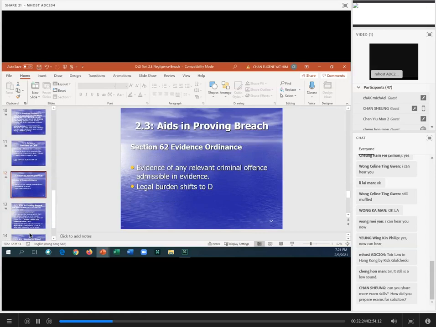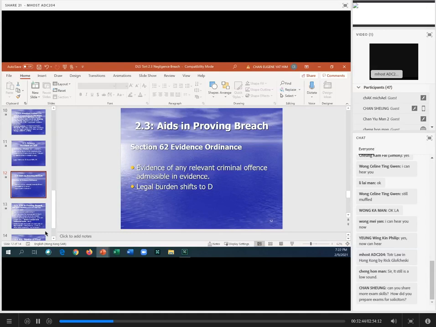Now, everybody, I've thrown this in. Section 62 of the Evidence Ordinance is not in your course manual, but I think you'll all agree with me it's very important and should be in the course manual. Section 62 of the Evidence Ordinance is headed Convictions as Evidence in Civil Proceedings.